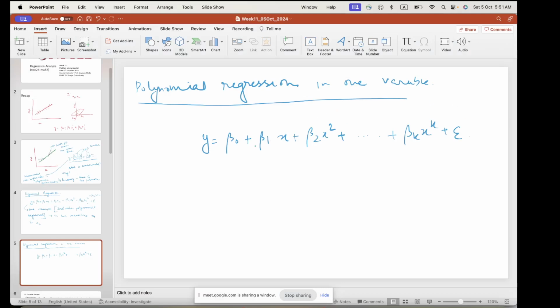Usually how do I write a multiple linear regression? y equal to beta naught plus beta 1 x1 plus beta 2 x2 plus beta k xk plus epsilon. So here xj is actually equal to x to the power j for all j equal to 1 to k.